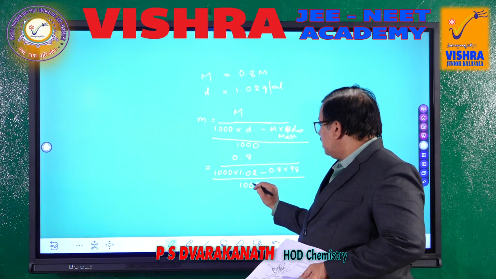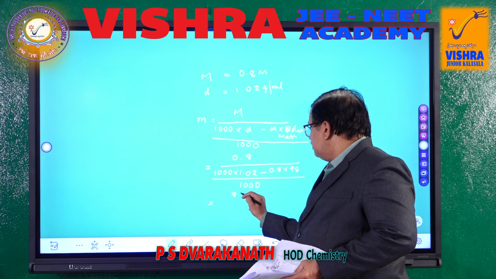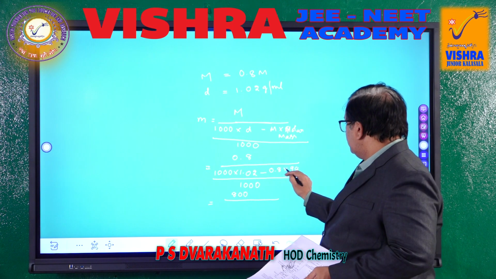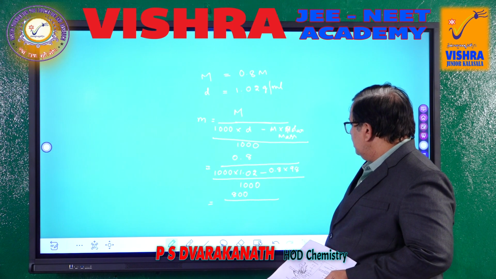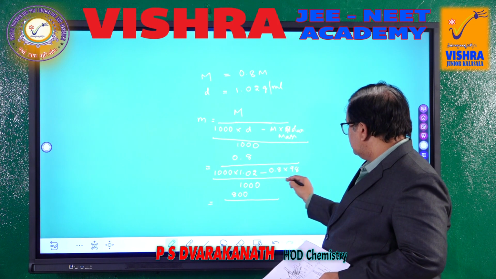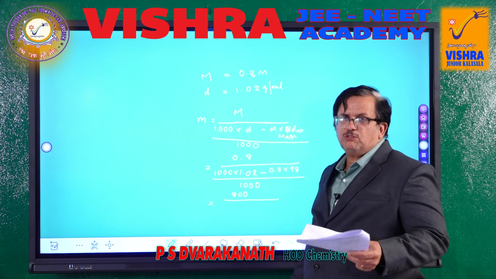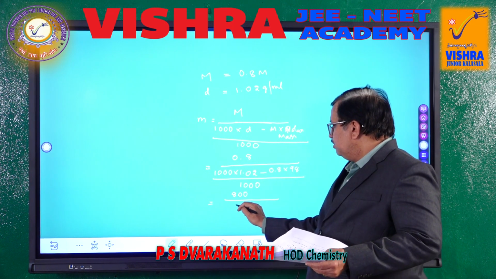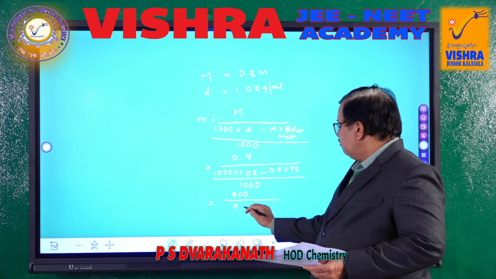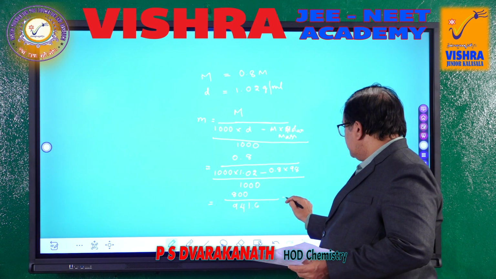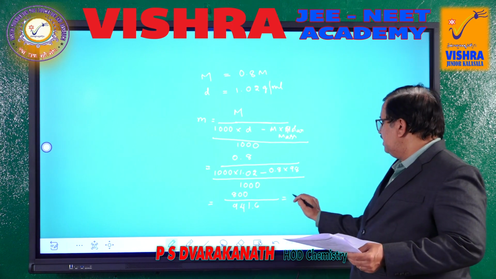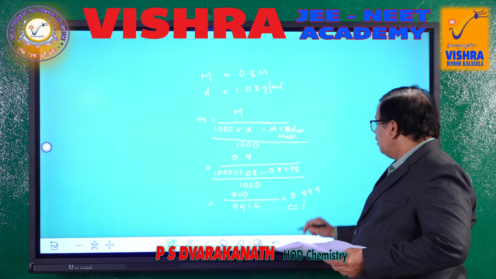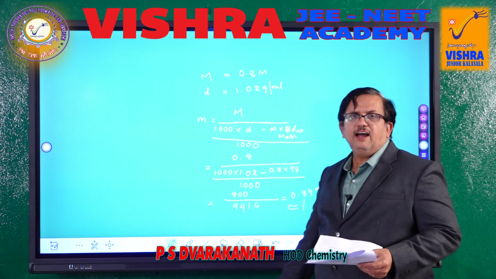That is 0.8 into 1000, it will come as 800. 1020 minus 0.8 into 98: 8 8s are 64, 8 9s are 72, so 78.4. If you subtract this from 1020, you will get 941.6 and you will get 0.849. The nearest integer is 1. Therefore, 1 is the answer for this one.